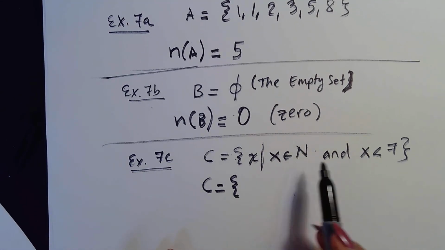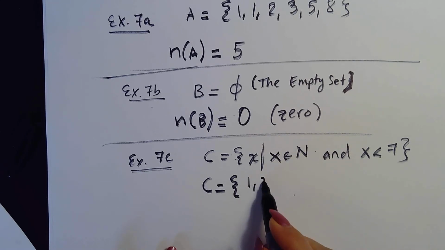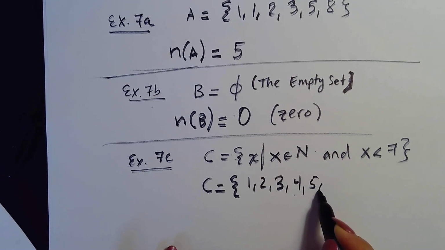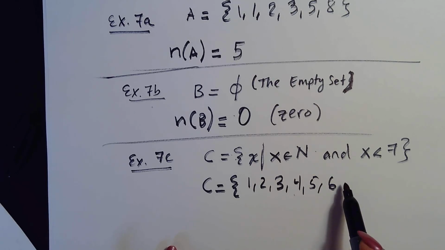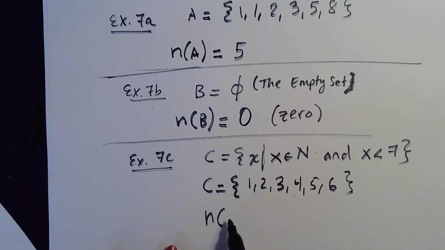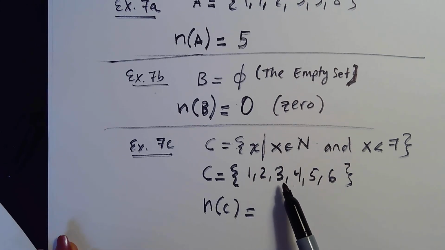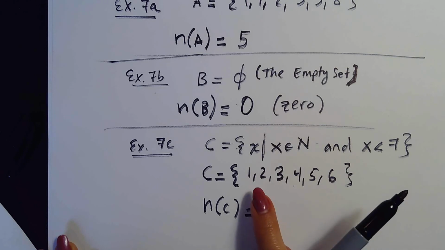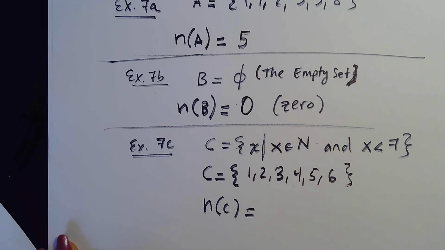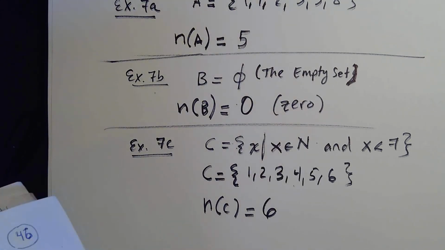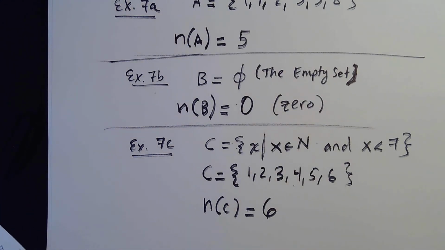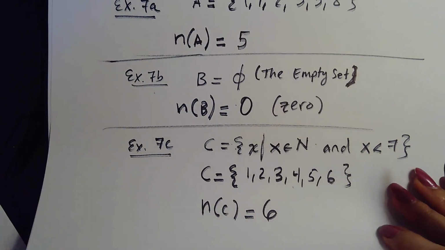X is a natural number and less than 7. So it's going to be 1, 2, 3, 4, 5, 6. Less than 7, so I cannot include 7. So then the cardinality of C is 1, 2, 3, 4, 5, 6. How many numbers? They're all different, so this is going to be 6. Right? So that's that.